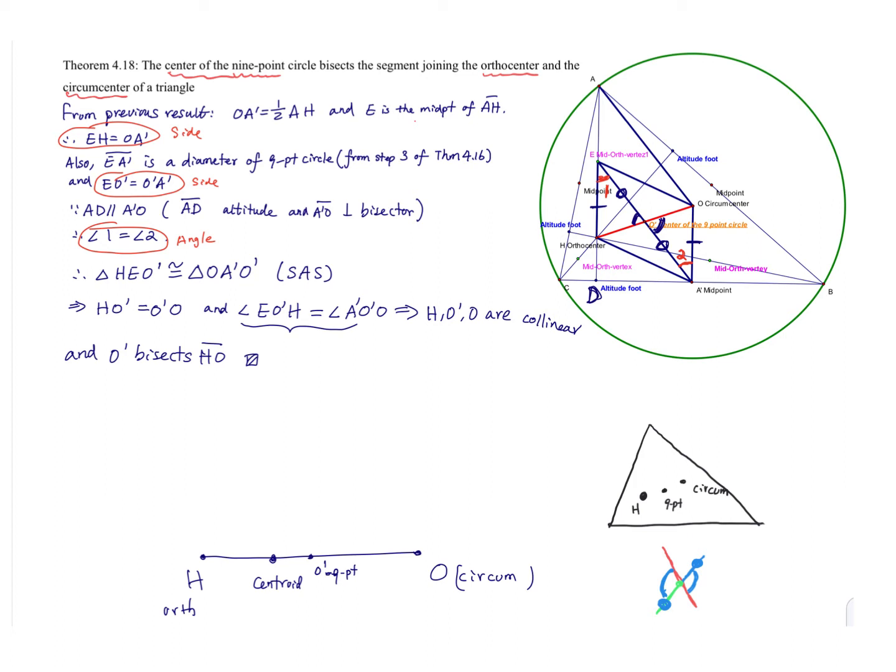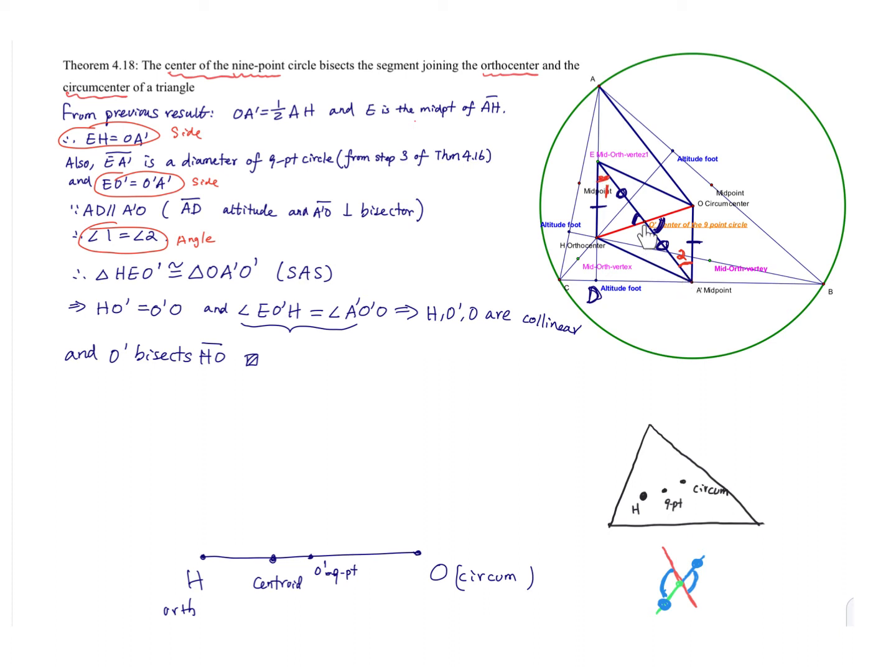Second, in the proof of theorem 4.16, step 3, we proved one result. Again, please review step 3 of the proof. We said that the segment from the midpoint between the vertex and the orthocenter to the opposite side's midpoint is actually a diameter of the 9-point circle. Why does this matter?